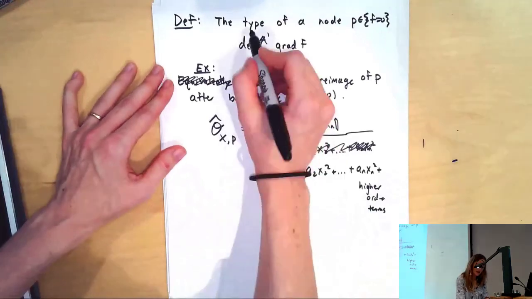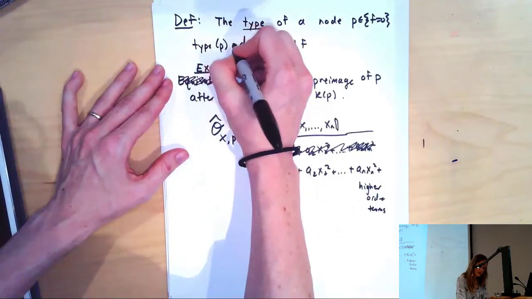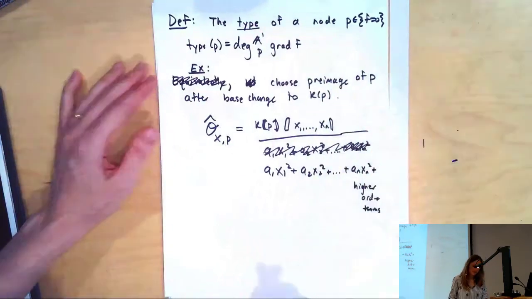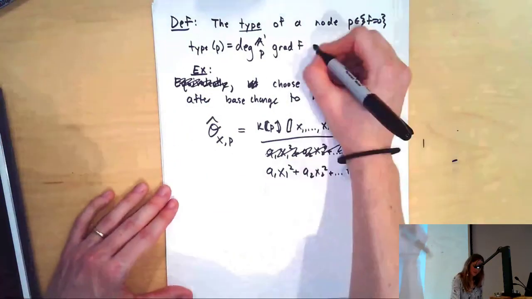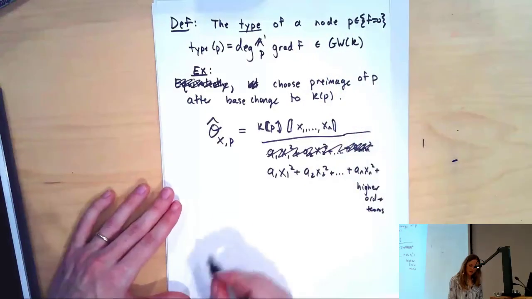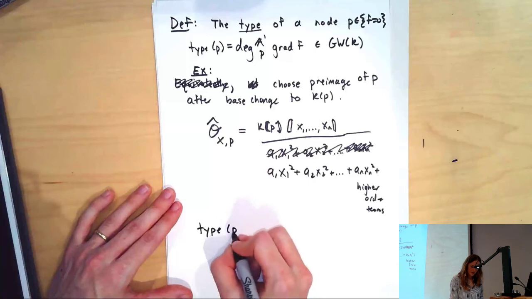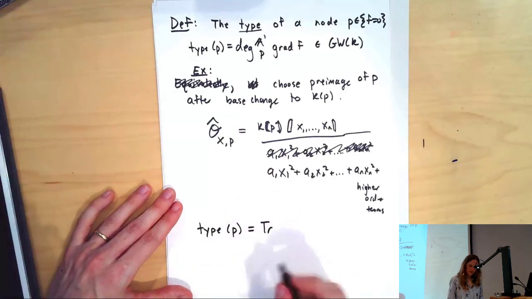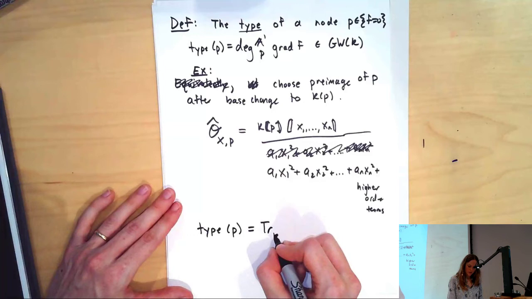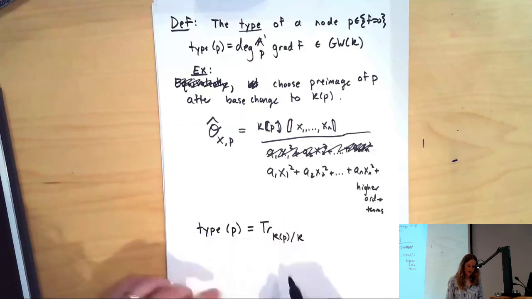Then the type of P is the trace from k(P) down to k, and this is always a separable extension, actually.